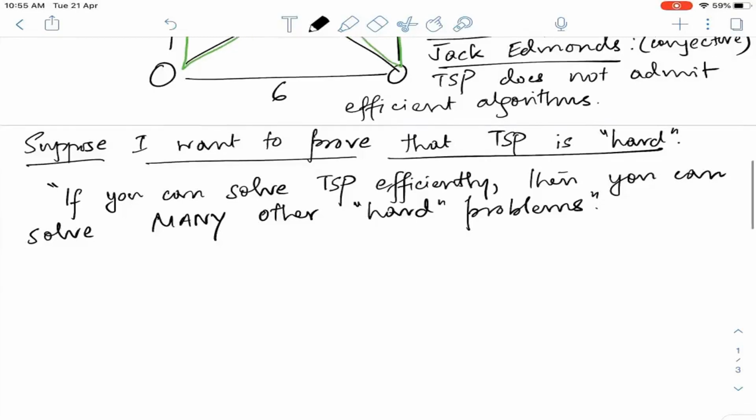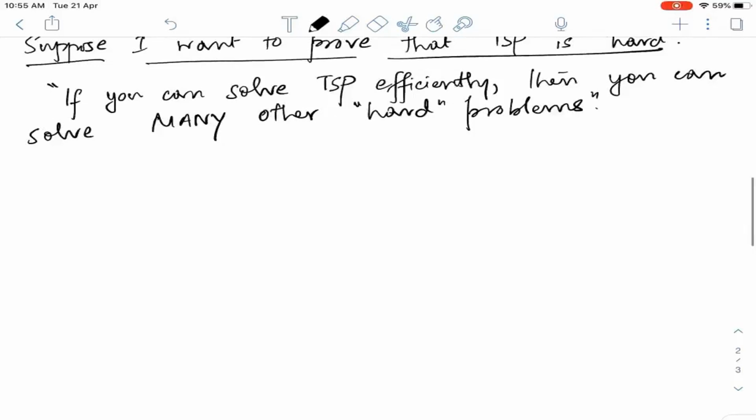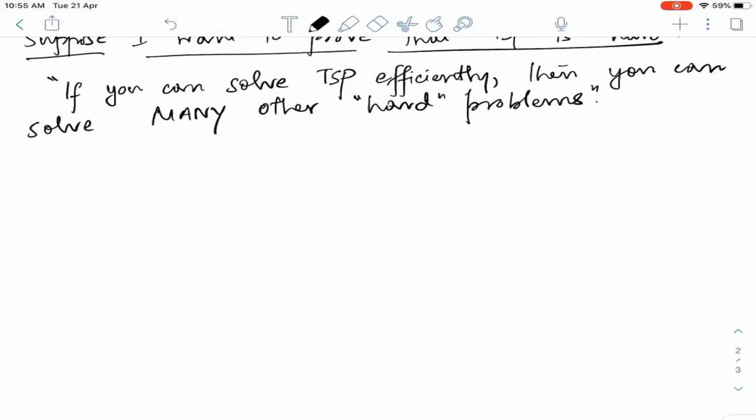Now, let's start by making this notion a bit more formal. We will use some technical terms. We won't be saying again and again that if you can solve problem A, then you can also solve problem B. We will not use this very mouthful statement every time. What we will use instead is the notion of reductions.